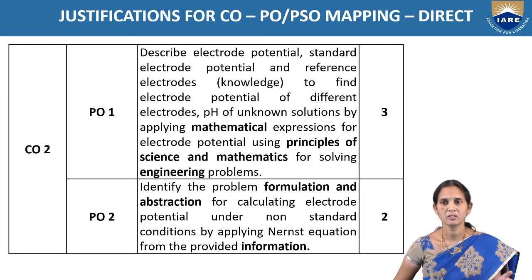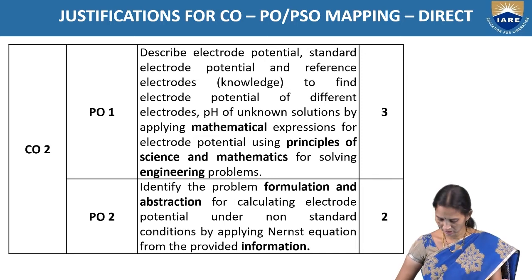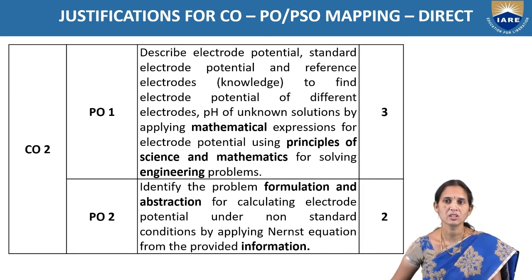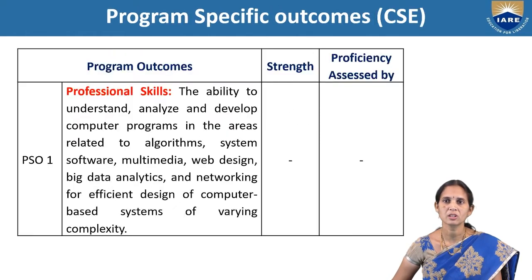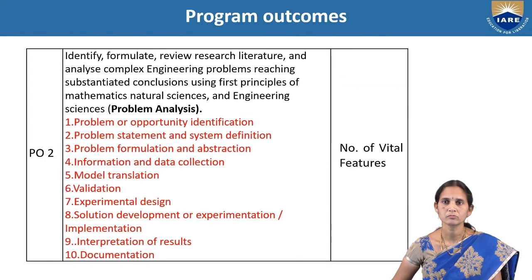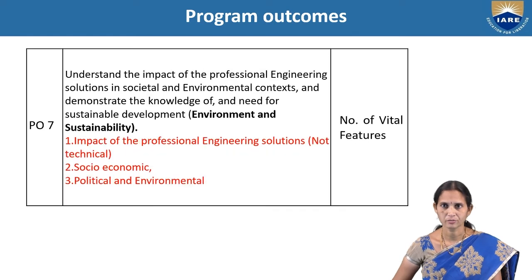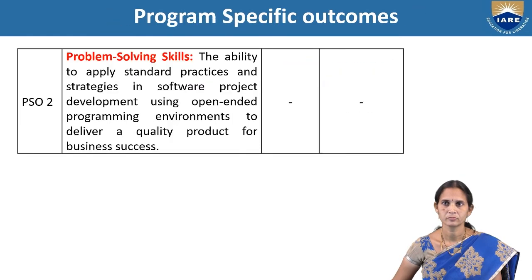So they will apply the values in that formula. They will calculate here the electrode potential. They will calculate under non-standard conditions by applying the Nernst equation. So we have given number of vital features 2, because here we can see number of vital features 10 are there, but here we can take only the 4th one, information and data collection, and problem or opportunity identification, problem identification.